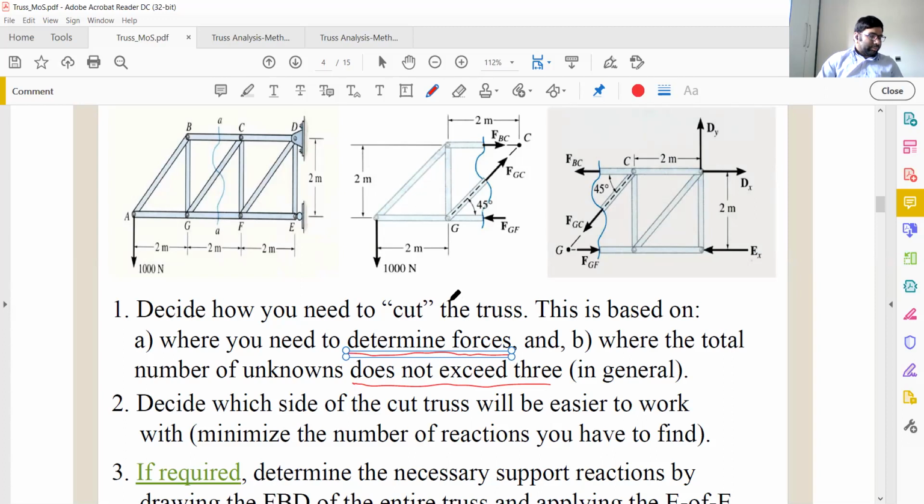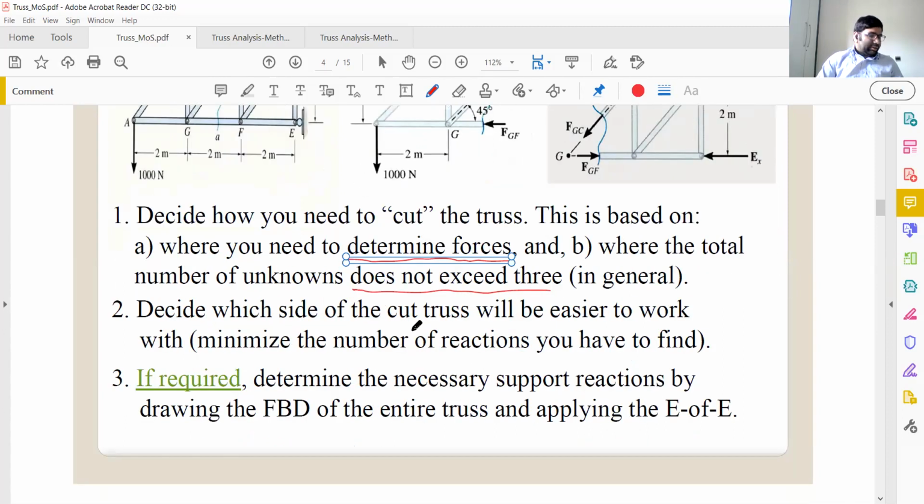Okay. Now, moving forward, the second step is to decide which side of the cut truss will be easier to work with. What do I mean by which side will be easier?